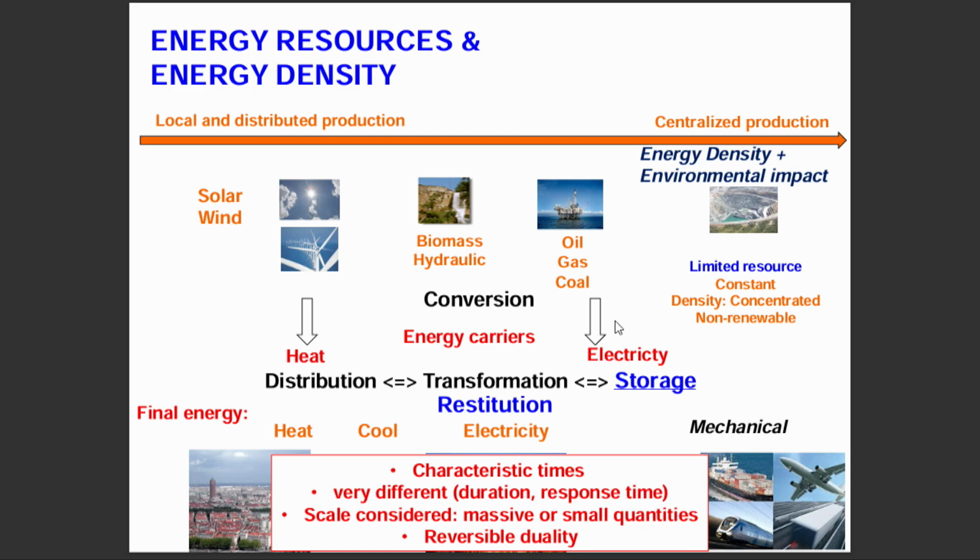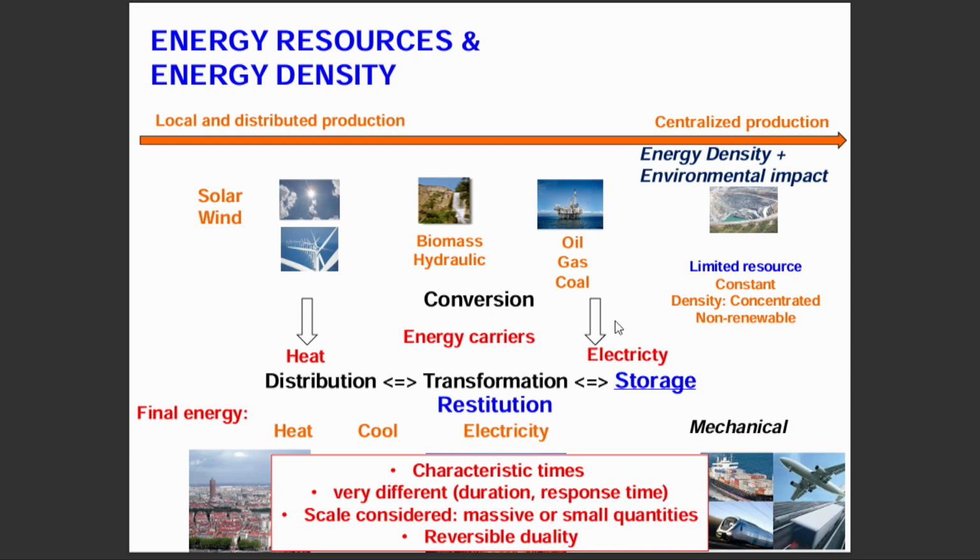We can expect 1,000 watts per square meter of radiation. If we want to produce a lot, we have to increase the surface, or at least think about concentration, as we saw yesterday, because without concentration we can't reach high temperatures, and the energy content is poor.